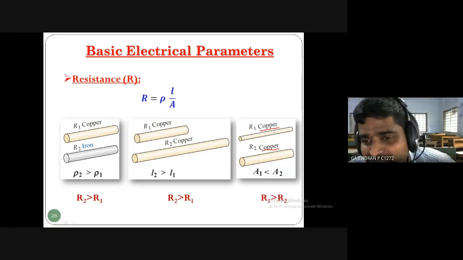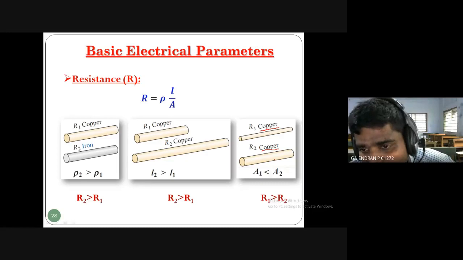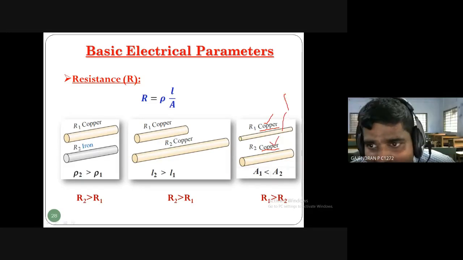Okay, no issue. See here, we are going to compare the resistance between these two materials by observing the inputs given in the image. These two are copper, so obviously this is rho 1, this is rho 2, resistivity or specific resistance of the material. These two are same, so I no need to bother about this relation.